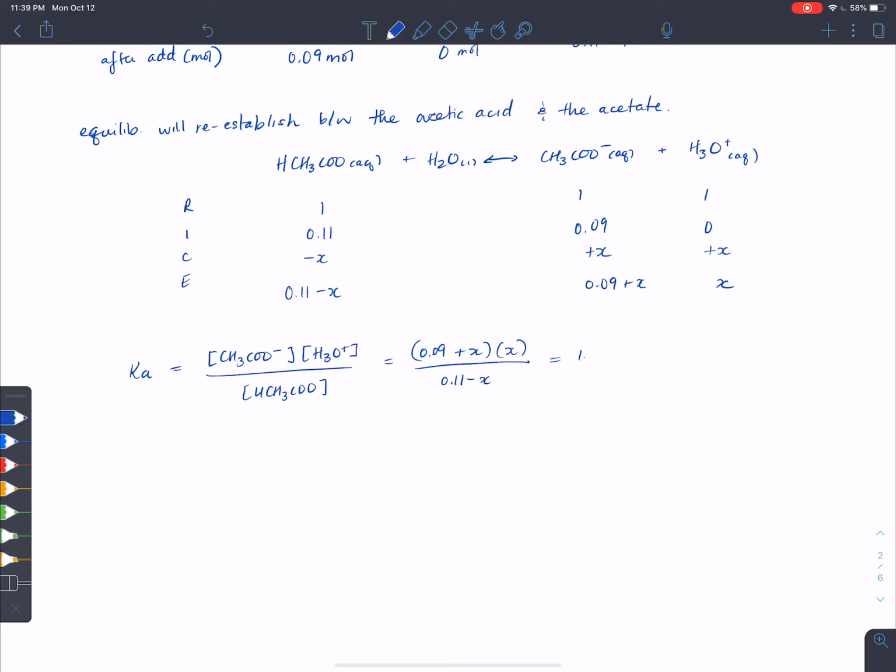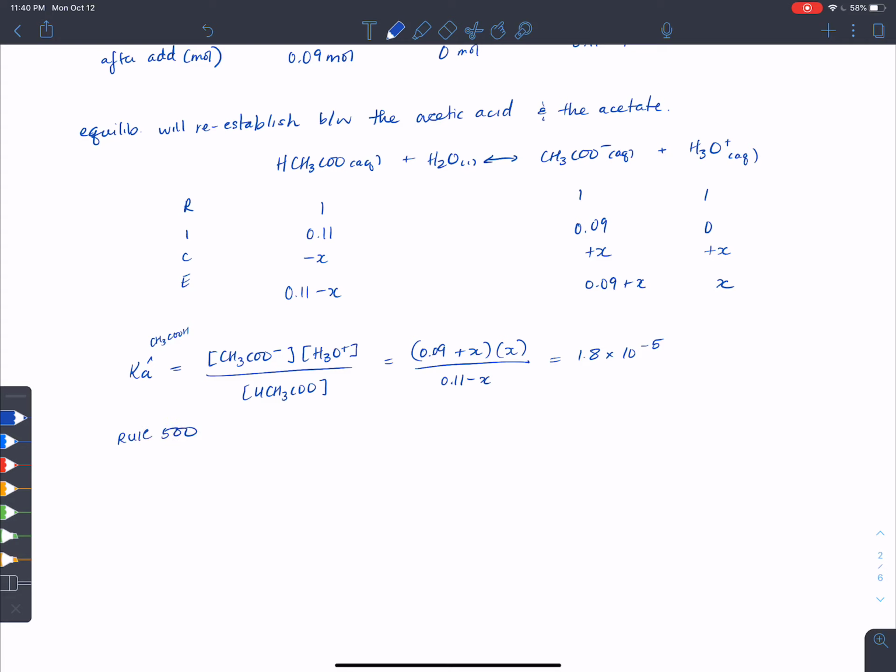And I know that the ionization constant for my acid, CH3COOH, is 1.8 times 10 to the power of negative 5. Okay, but we're going to use the rule of 500.